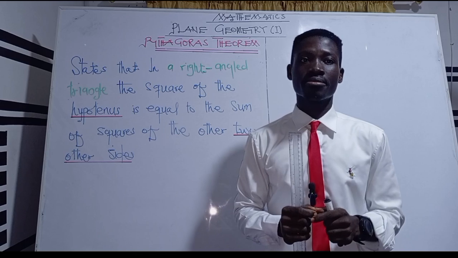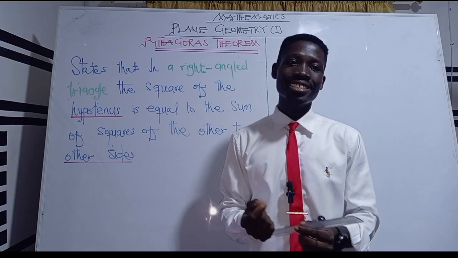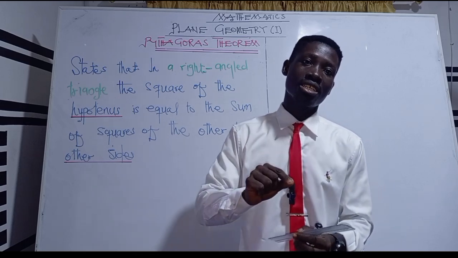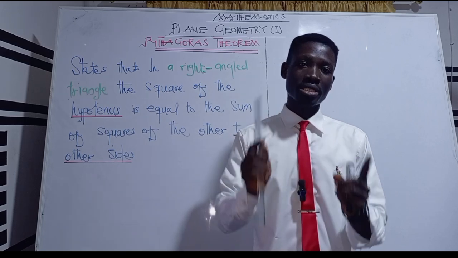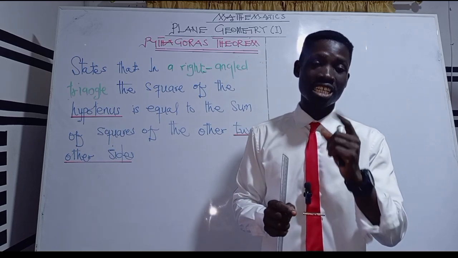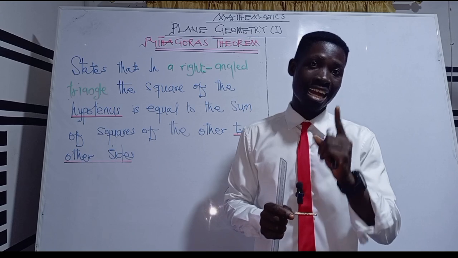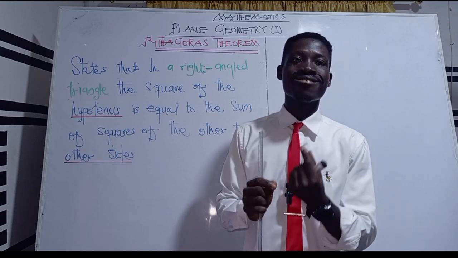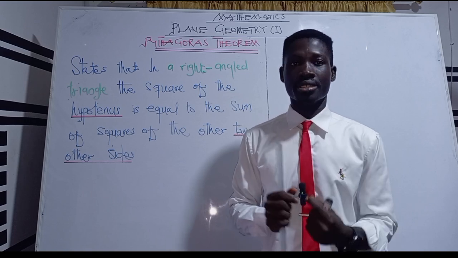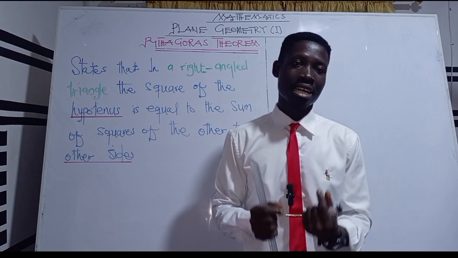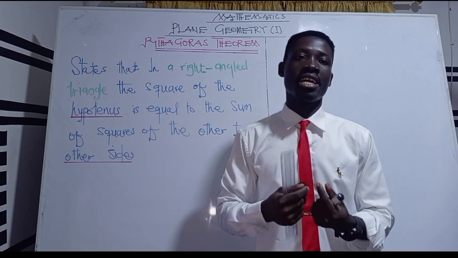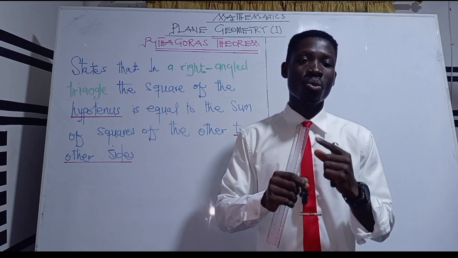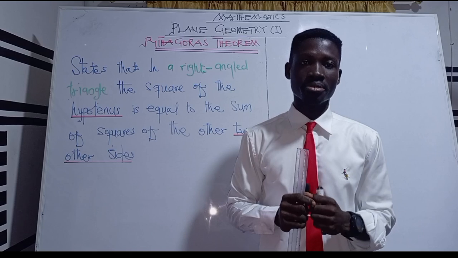Now, this theorem describes the importance of geometric relationship between the three sides of a right-angled triangle. A right-angled triangle. So the theorem applies to only a right-angled triangle. And I believe that at this very point, each and every one of us knows what a right-angled triangle is.